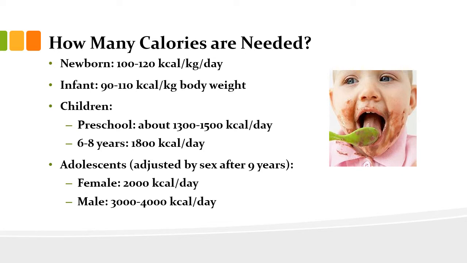In preschool, they need about 1,300 to 1,500 kilocalories a day. 6 to 8-year-olds, about 1,800 kilocalories a day. In adolescence, we start to adjust between female and male by the age of 9 years old. Females need roughly 2,000 kilocalories a day, whereas males need anywhere between 3,000 to 4,000 kilocalories a day.